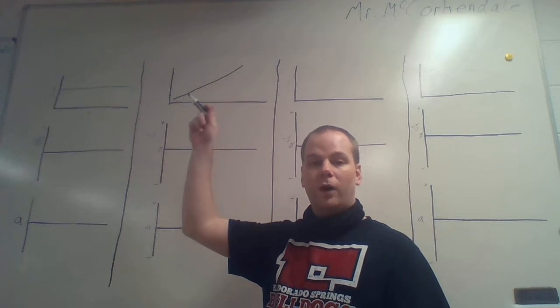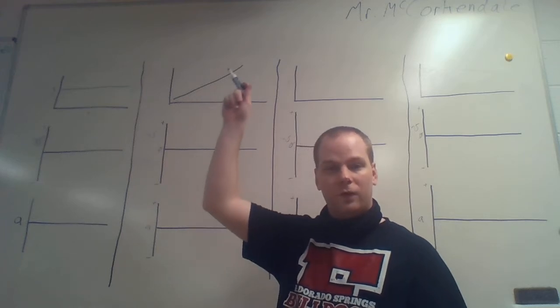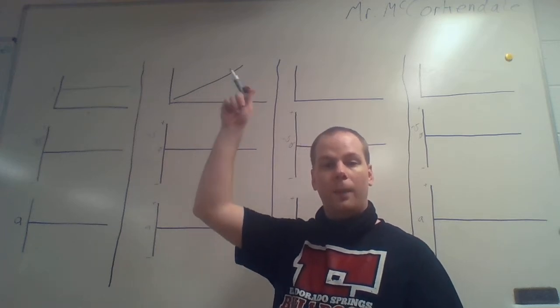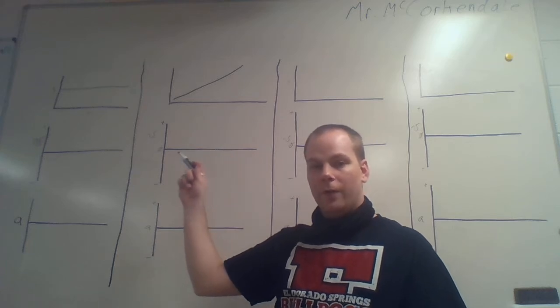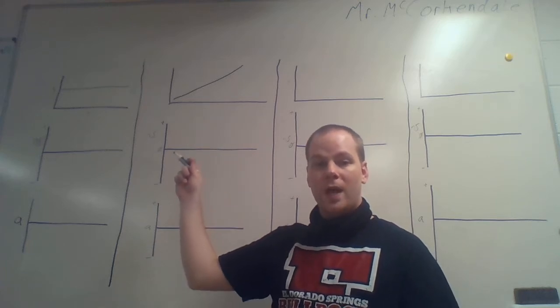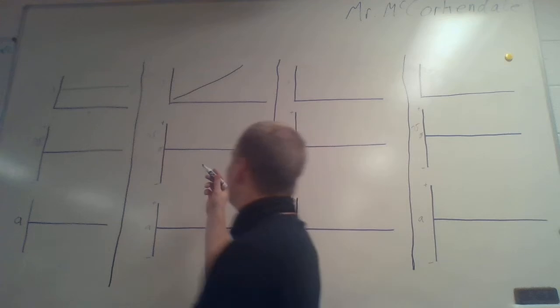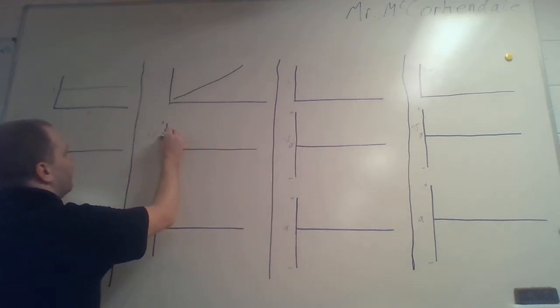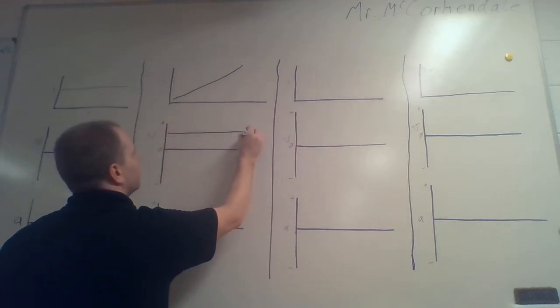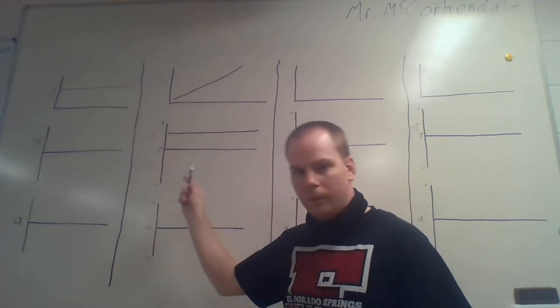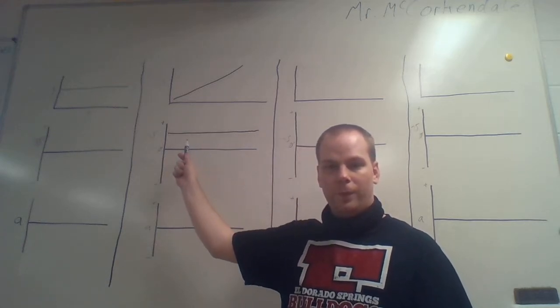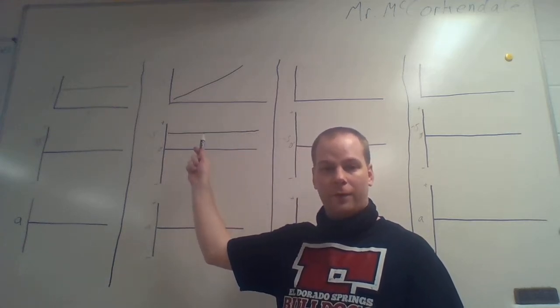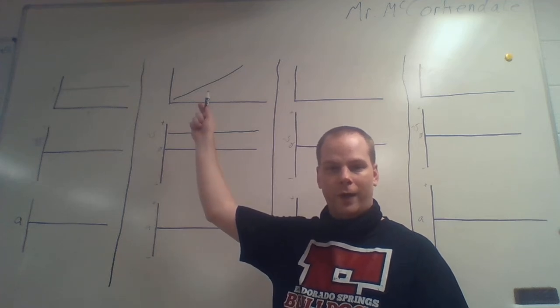So since our velocity is a positive slope, it's sloping up, that means down here that our velocity graph would be a horizontal line above zero. So this would be the velocity graph that went with this position graph.